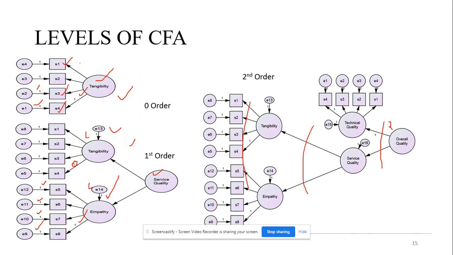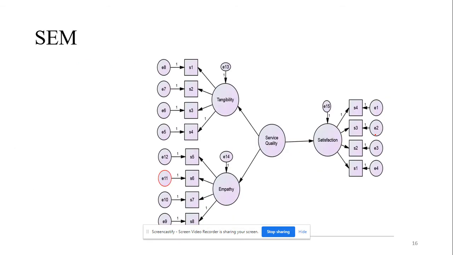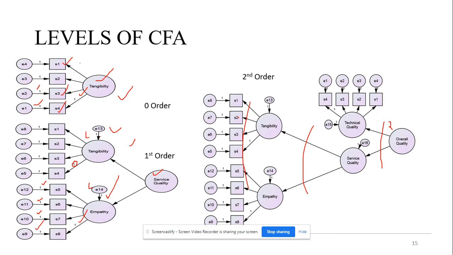This shows how the latent construct or latent variable and observed variables are related to each other and how they are derived. But cause and effect relationships are shown using SEM. So you see a little bit of difference here.